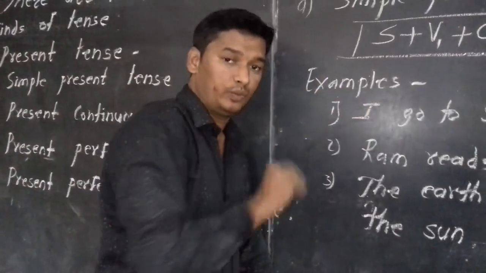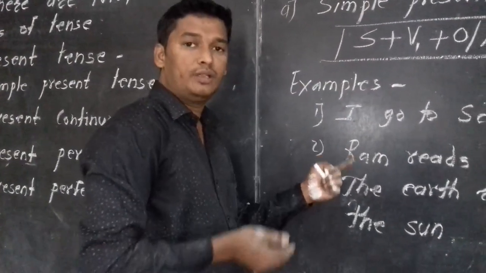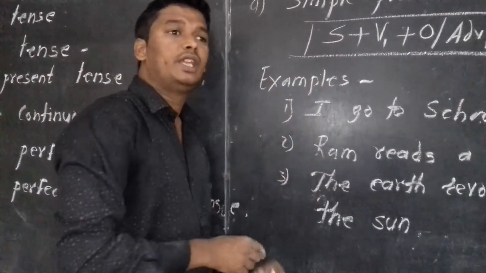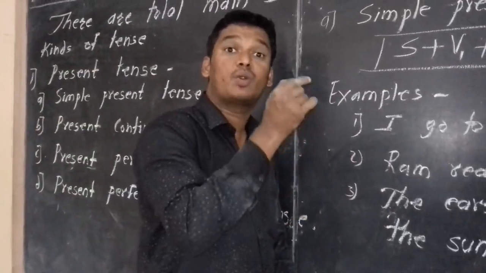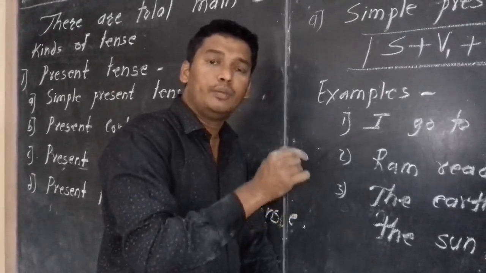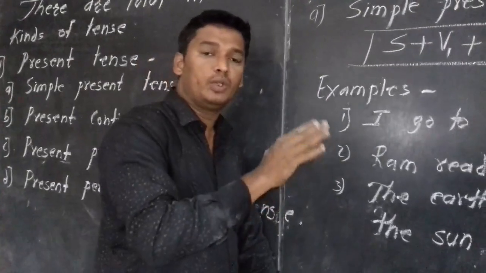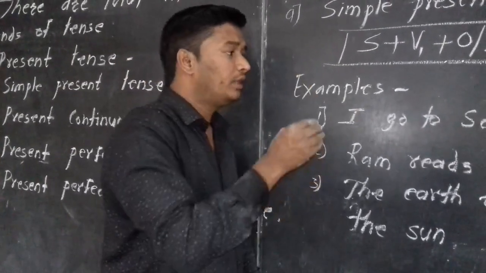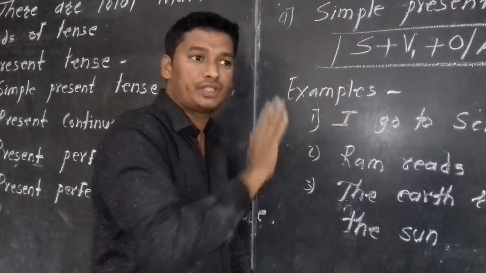There is one rule. If the subject is third person singular, meaning he, she, it, then the main verb always comes with s or es suffix. Look, what is the rule? If in the simple present tense the subject is third person singular, then the main verb comes with s or es suffixes.